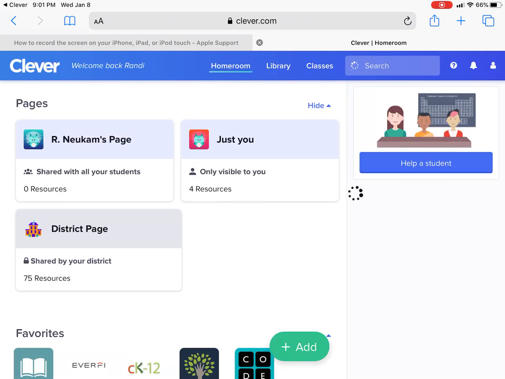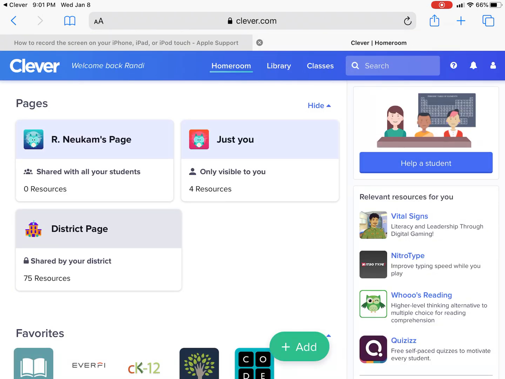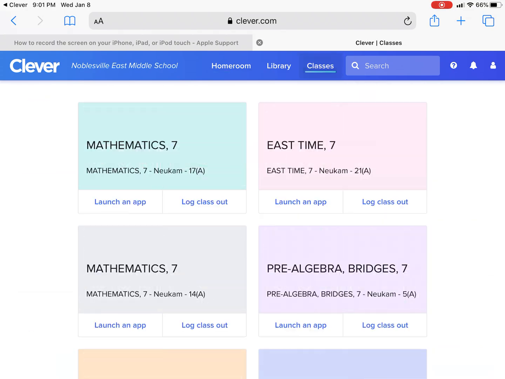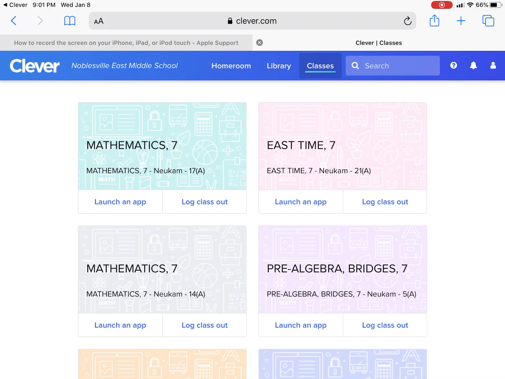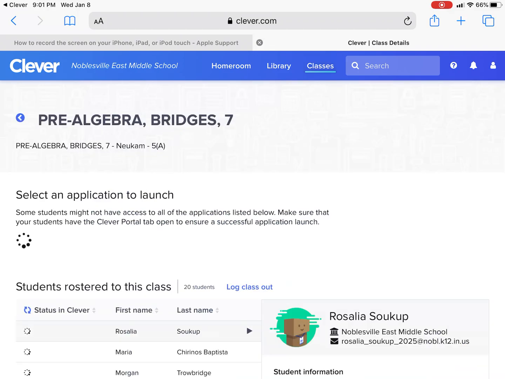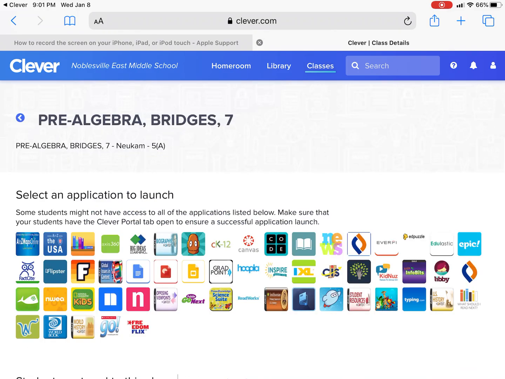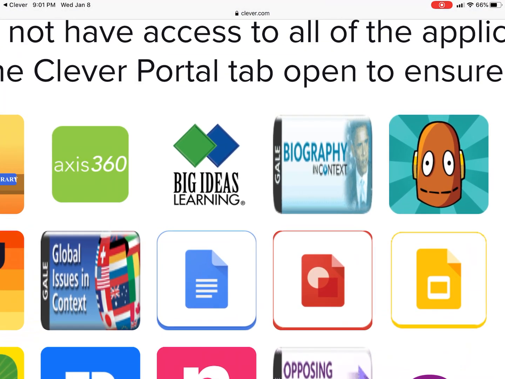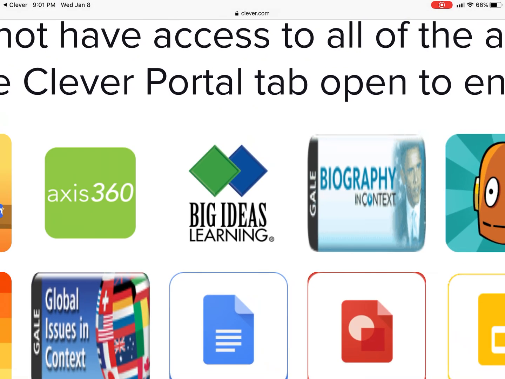Now this is going to end up looking a little bit different for you. So on yours, you should get a resources page. For me, it shows my classes. So you guys are pre-algebra. If it didn't come to this, you need to find this icon right here. When you get into that Clever portal, you need to find the Big Ideas. It's the one with the green box, blue box.